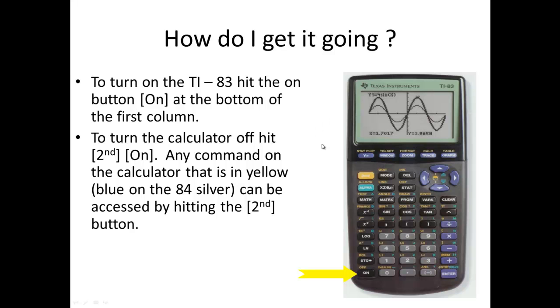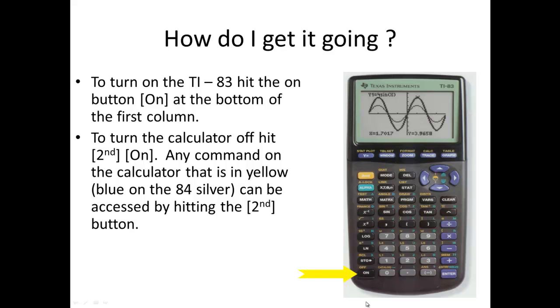Now, as far as the color coding scheme goes, on the TI-83, you can see here that there are some things that are in orange. Well, that's color coded to match the second button. Now, on the TI-84, you can see that this button up here will be blue, and the matching lettering with that is in blue as well.